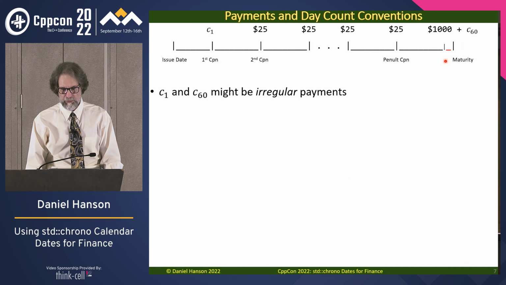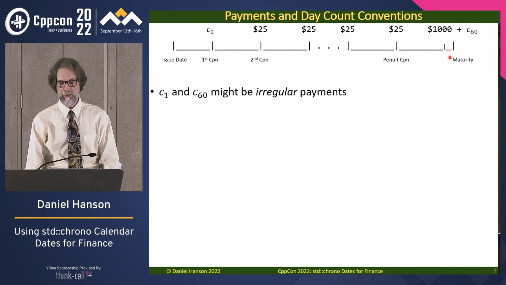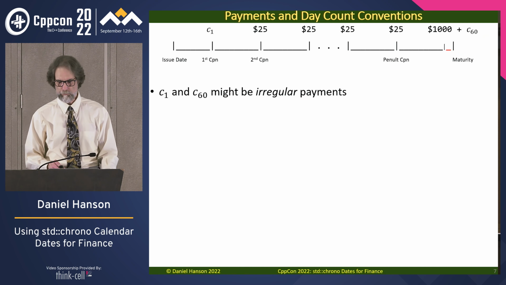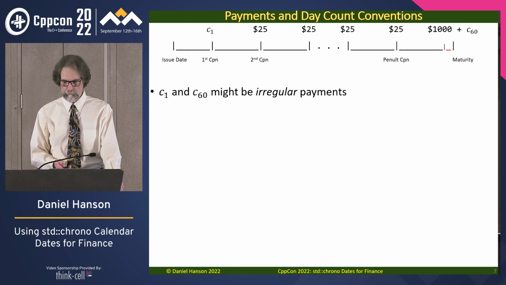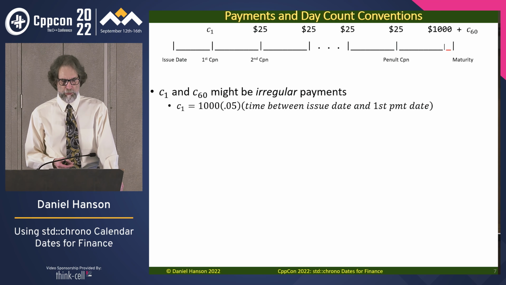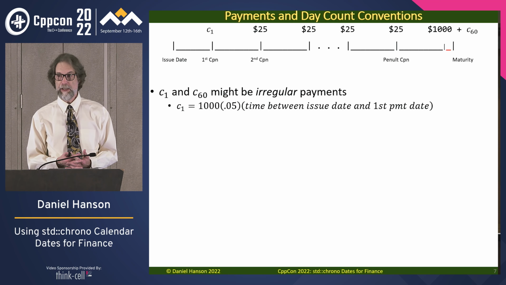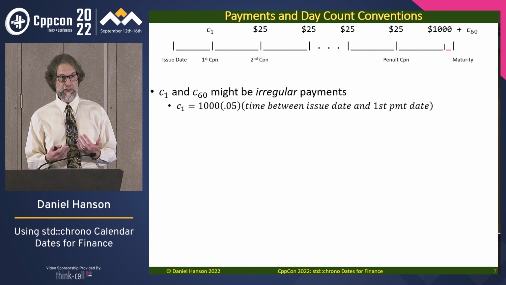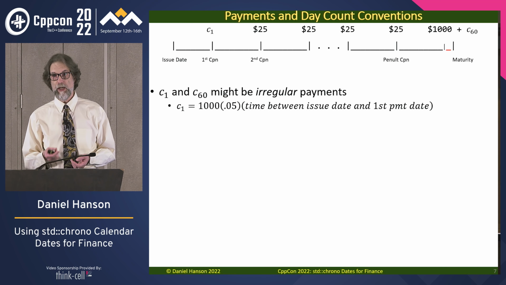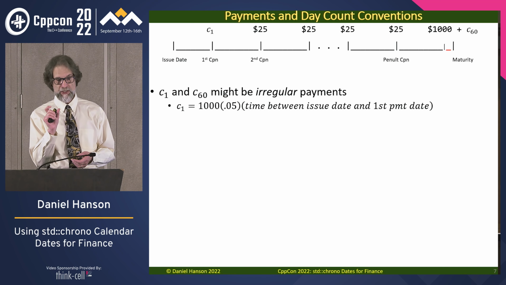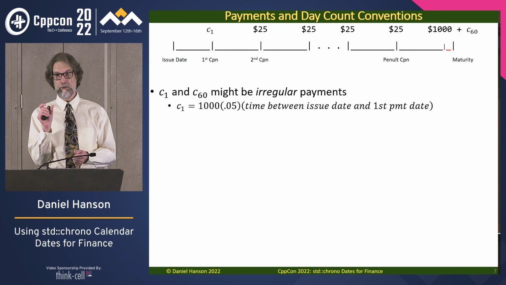You can see here there's this little red line, so that's the extra time past 6 months. The way we'll calculate the first payment is we'll just take $1,000 times the 5%, and then multiply by the time period in units of a year fraction.